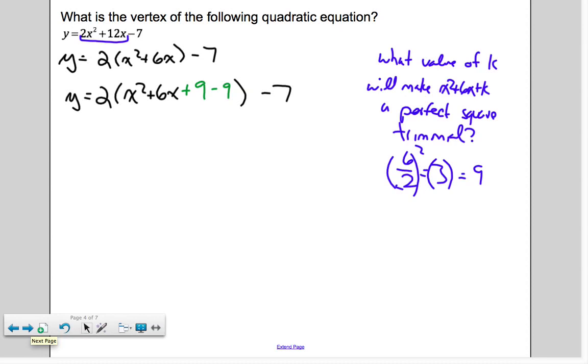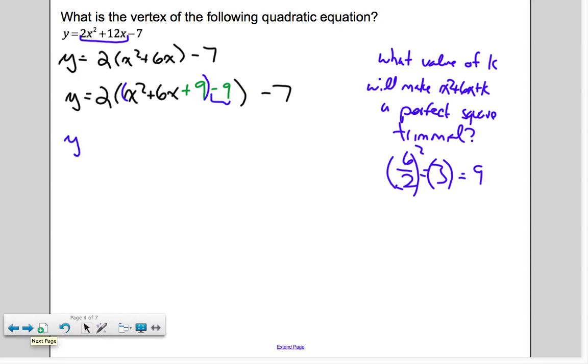Now I have a perfect square inside, except this is going to mess us up a little bit. So what I want to do is distribute the 2. I want to group it like this, because that's my perfect square trinomial, and then I have this left over.